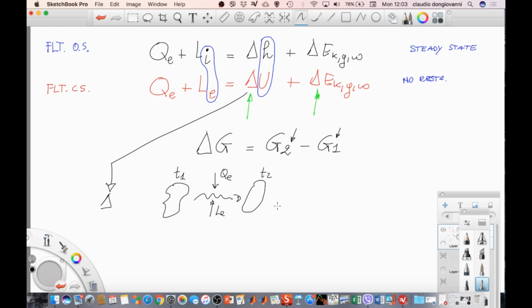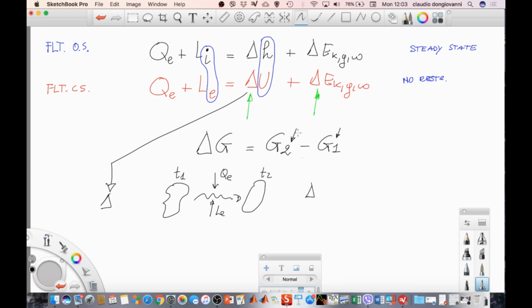So in this case, delta means the variation, for example, of the quantity G, U for example, is U at time T2 minus U at time T1.